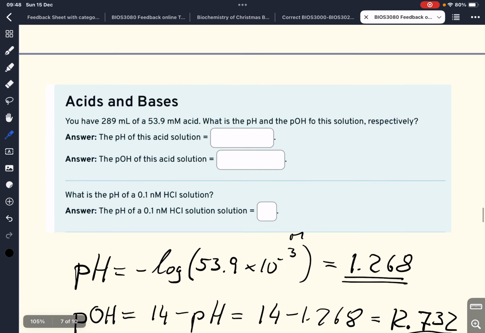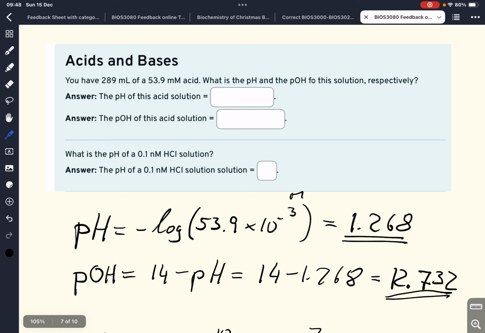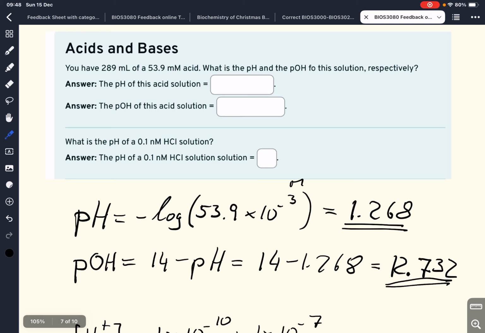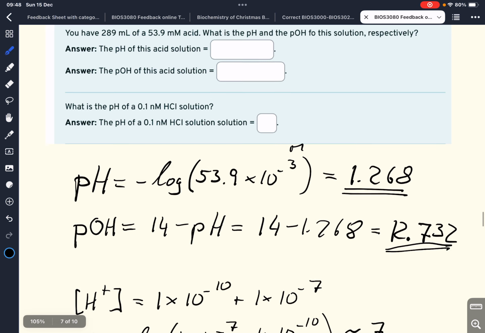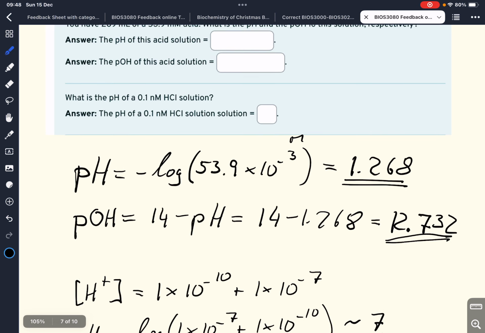Now, the second question is, what is the pH of a 0.1 nanomolar hydrochloric acid solution? It wasn't a sort of a trap or something like that, because we've discussed it in the lecture. But of course, we need to be careful.